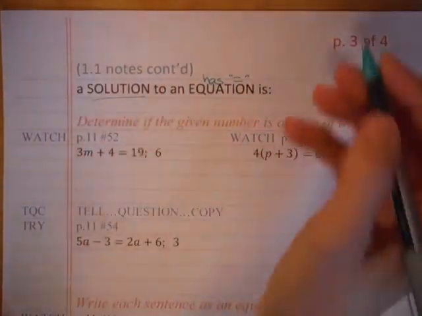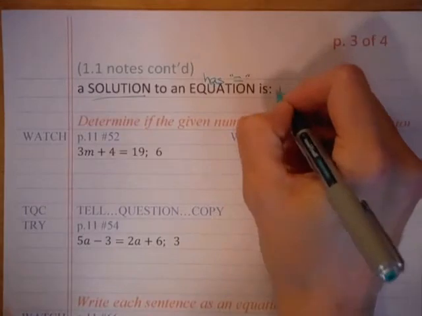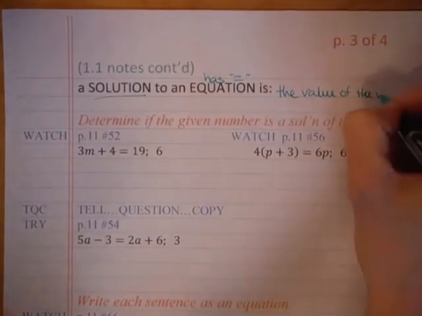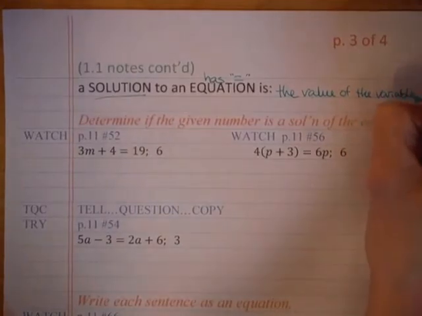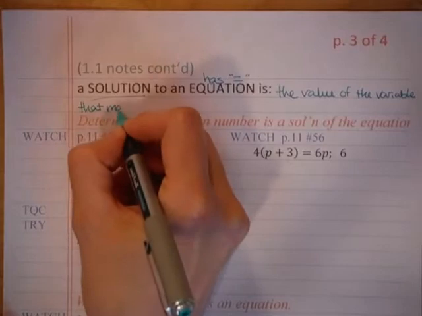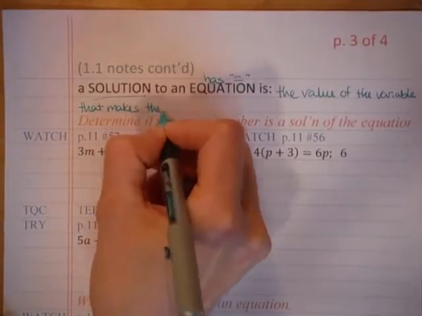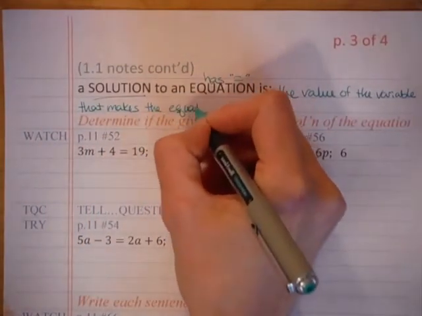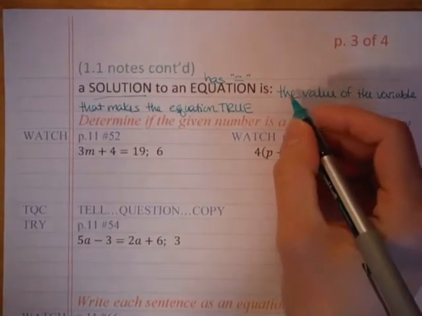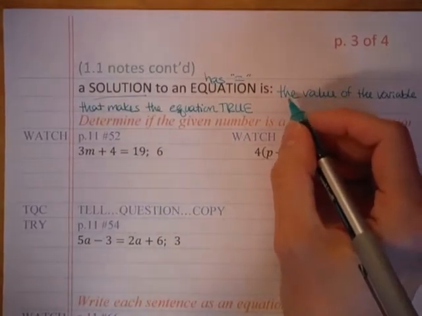A solution to an equation is the value of the variable that makes the equation true. And when I say true, it means that you have one side equal to another side.